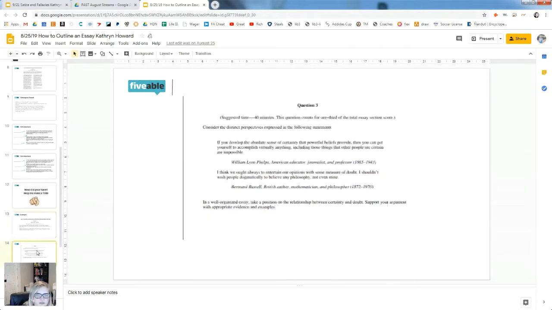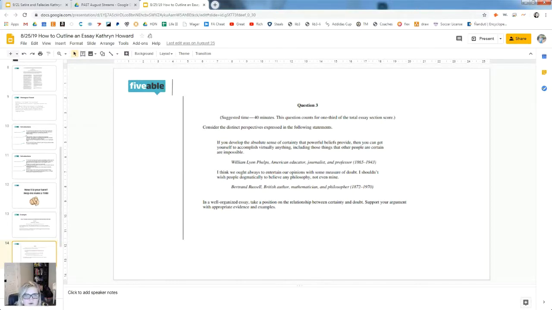Okay, so I'm going to try to find another argument prompt. Okay, here's a good one. Consider the distinct perspectives expressed in the following statements. If you develop the absolute sense of certainty that powerful beliefs provide, then you can get yourself to accomplish virtually anything, including those things that people are certain are impossible.